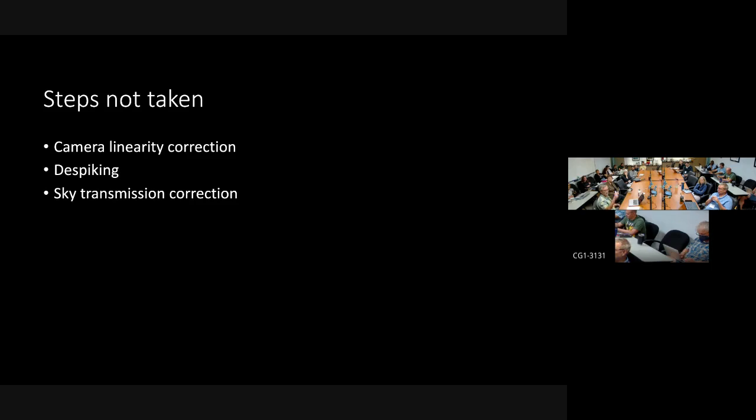And then a sky transmission correction: we have a brightness in the sky when the flat is taken, and we might want to normalize the science images by that brightness from the flats. None of these are currently done and probably we aren't going to do the camera linearity, but maybe we'll do the other 2 at some point. The despiking, we're still playing around to see if we can do that well. The sky transmission would be straightforward.